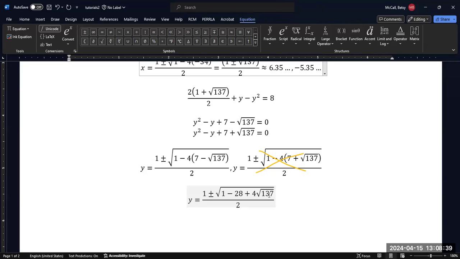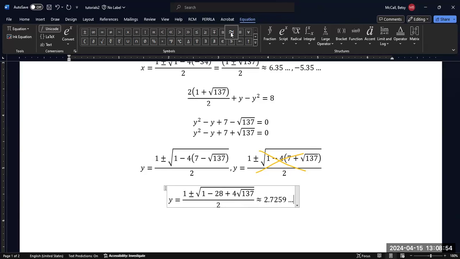So plus 1 divided by 2, I'm going to end up with approximately 2.7259.